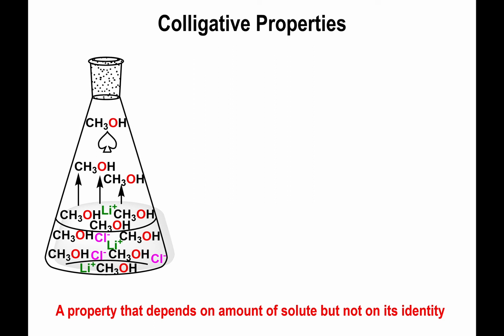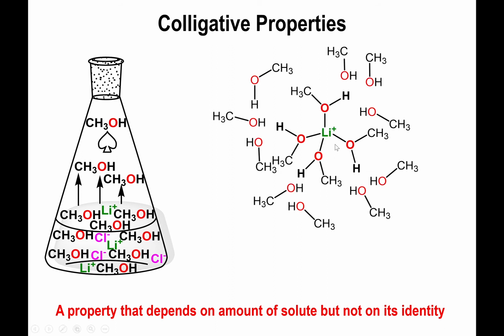Now the solute need not be a fully covalent molecule. You could have an ionic salt, like lithium chloride, in which case the lithium chloride splits up into lithium plus and chloride minus. So technically for every lithium chloride you have, you're actually ending up with two equivalent solute particles present in solution. And here is where you create your ion-dipole forces.